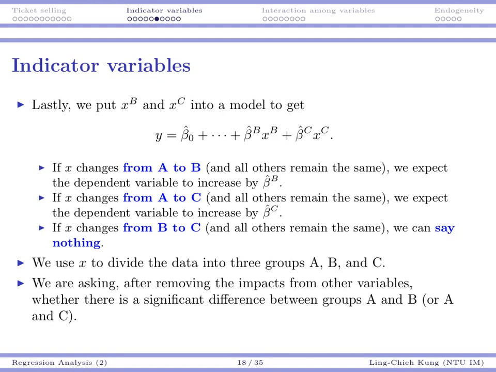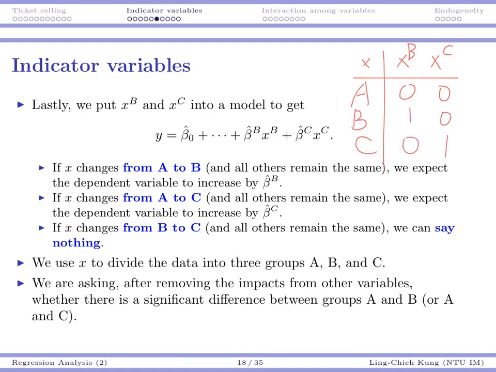The coefficient beta hat b tells us what will happen if xb goes up by 1. So if xb goes up by 1, while all other variables remain the same, that means x changes from A to B, right? So let me remind you, A, B, C are possible values for x, and we have xb and xc: 0, 0, 1, 0, 0, 1.